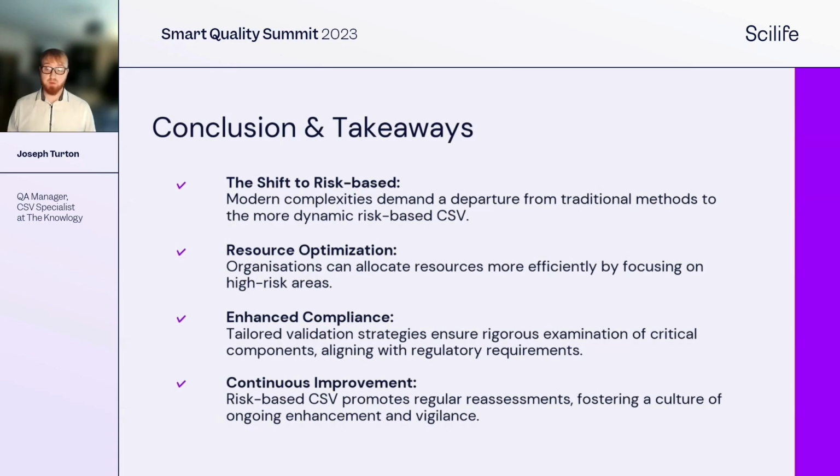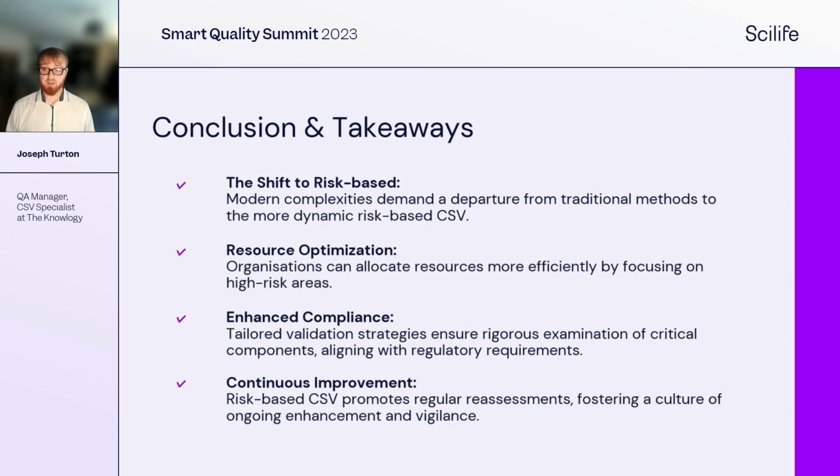So as we wrap up our discussion, it's essential to re-emphasize the importance of the shift towards risk-based approaches in CSV. With the ever-evolving intricacies within our industries, we cannot remain tethered to old, rigid methodologies.